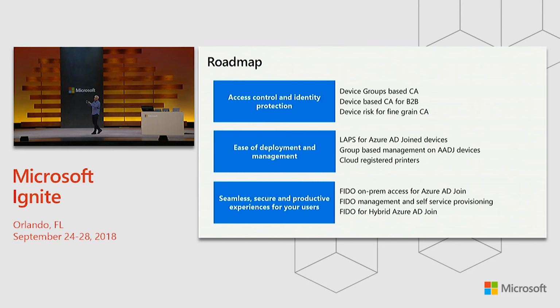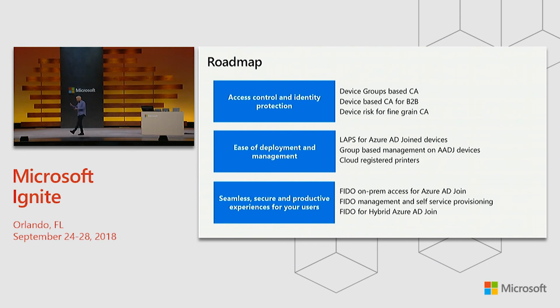They've already MFA'd in their tenant, and it's a highly trusted partner. And you want to trust those assertions when they come and try to access resources on your tenant. So one of the things we want to empower you with is to allow you to enable who you want to trust and what assertions you want to trust from the home organization. So that's the device-based CA for B2B.